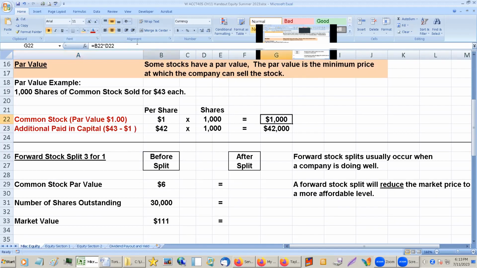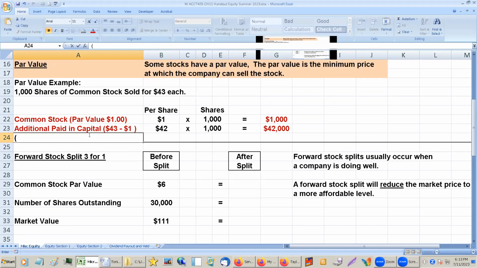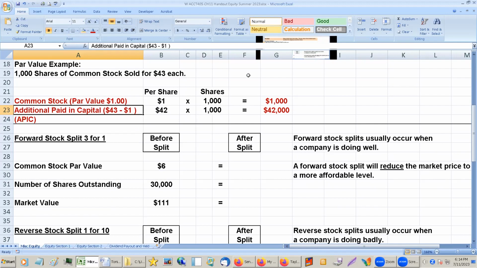The additional paid-in capital, the true name of this account is additional paid-in capital in excess of par value, which is a little bit wordy. Oftentimes you'll see this called APIC. Even on financial statements for big companies, sometimes they just say APIC.